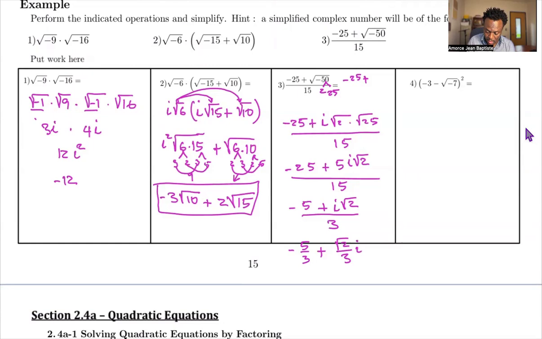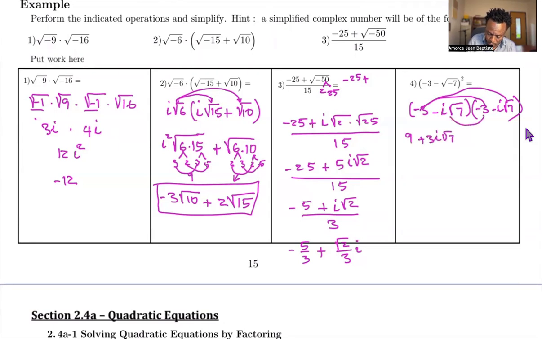And final example here, that's going to be -3 minus i square root of 7 times -3 minus i square root of 7, right? And then we distribute this. That's positive 9. That's positive 3i square root of 7.